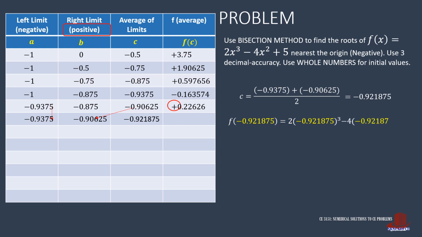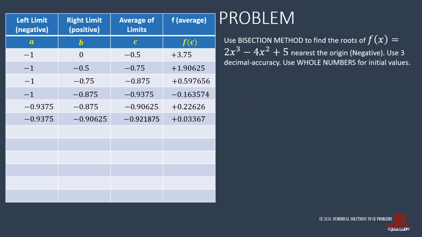Plug this into the function, making 2 times negative 0.921875 cubed minus 4 times negative 0.921875 squared plus 5, resulting to positive 0.03367.